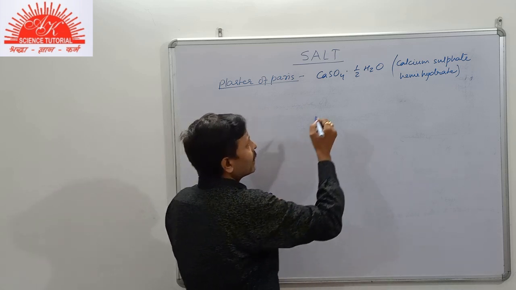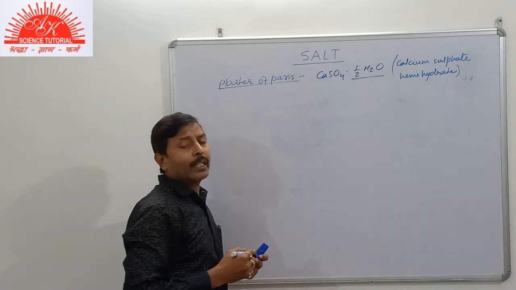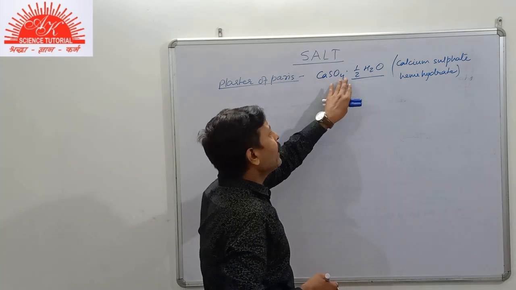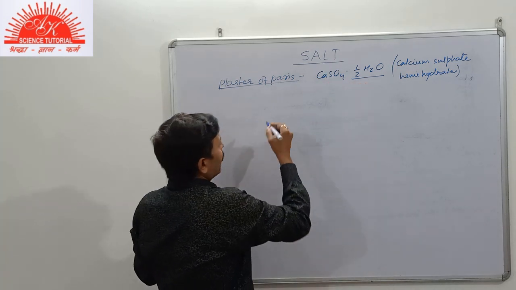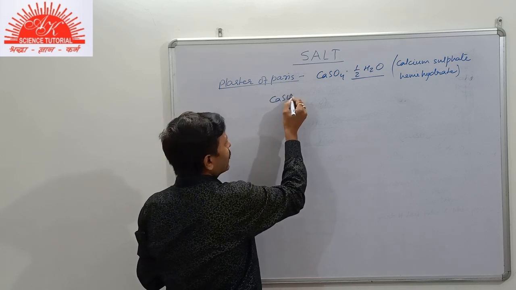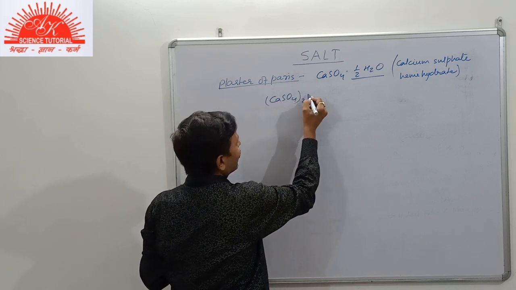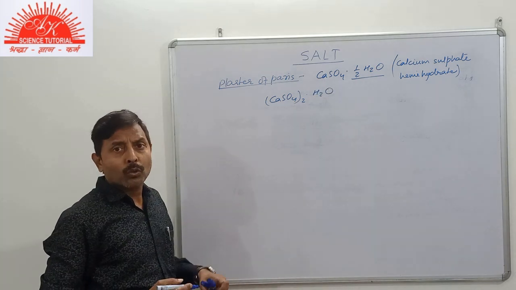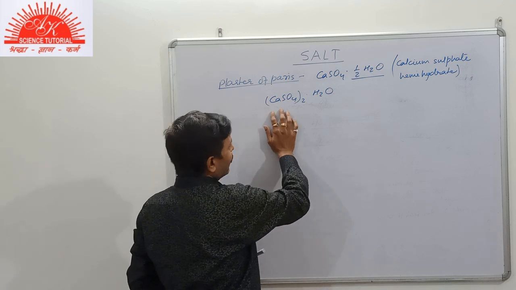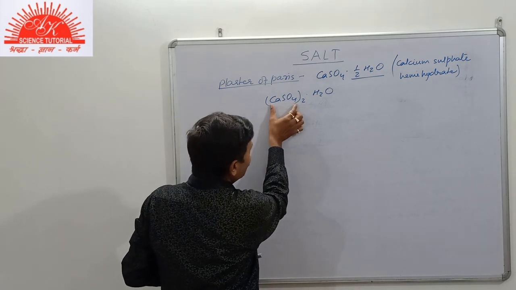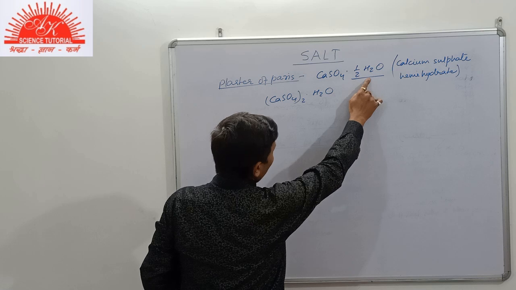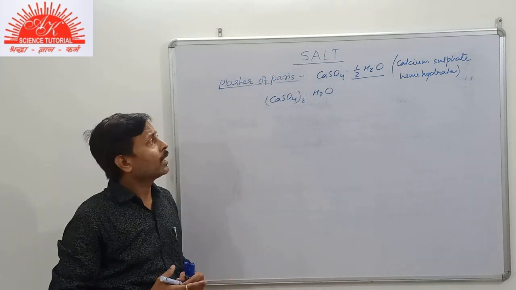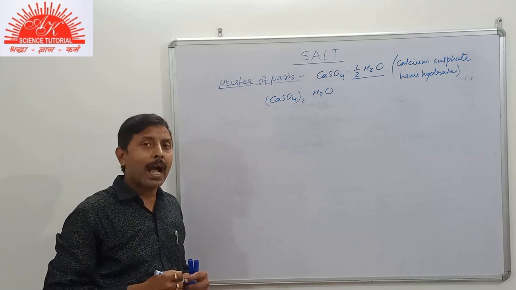Now the question arises that a half molecule is not possible to obtain. But in general it is written like that because two formula units of calcium sulfate get attached with one water molecule. So for one calcium sulfate, there is only half H2O. So plaster of Paris can also be written as calcium sulfate hemihydrate.